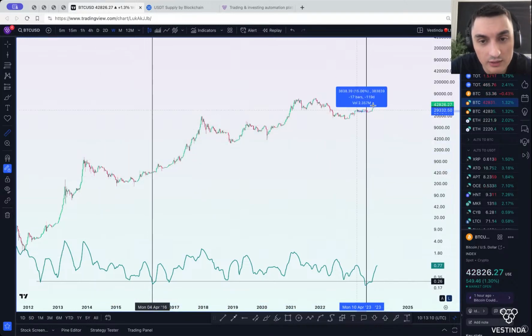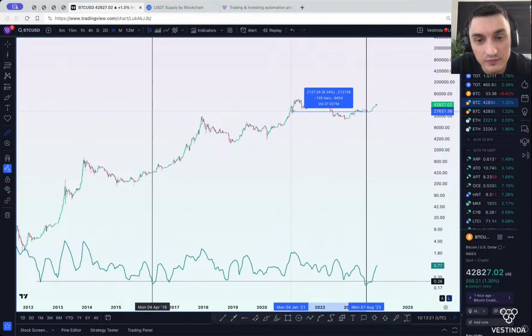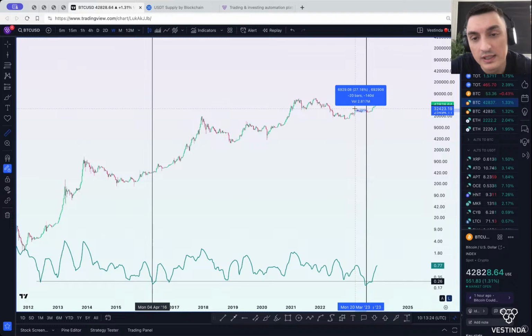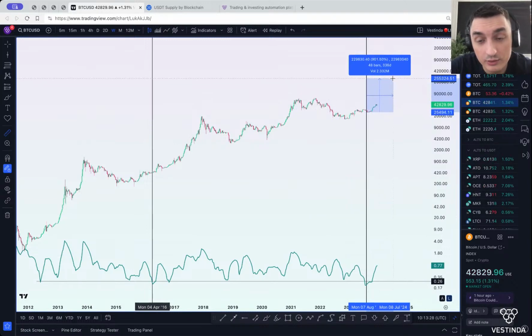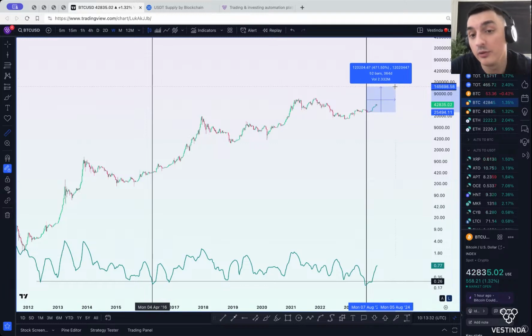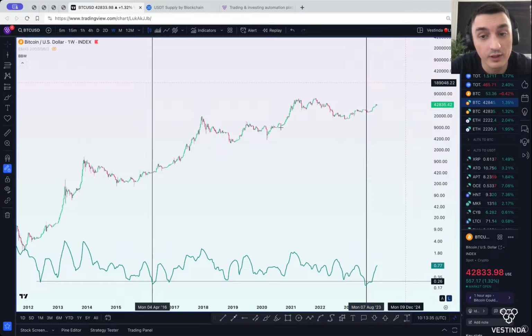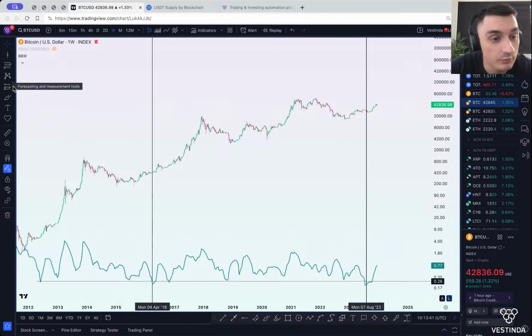And currently, the last time we hit this BBW point, we're in the same market phase, at around 50% of market correction. So what this tells us is that if we expect some kind of rise here, it's probably going to be big.